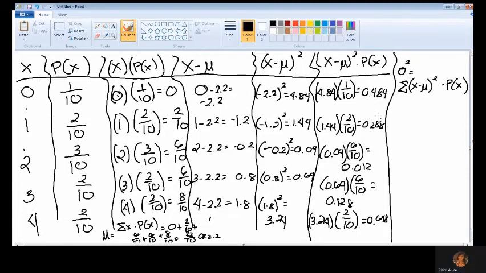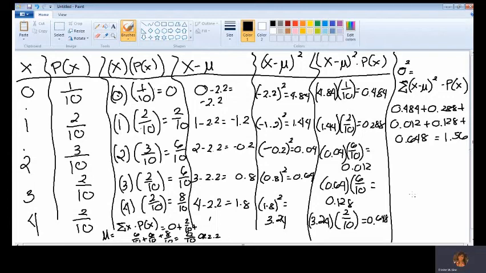So summation: 0.484 plus 0.288 plus 0.012 plus 0.128 plus 0.648, the answer would be 1.56.